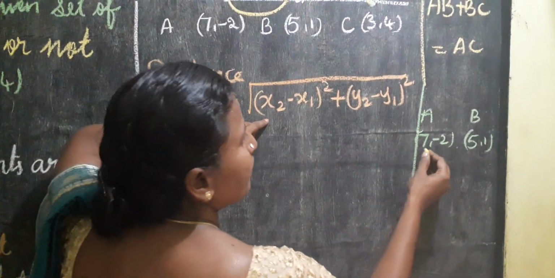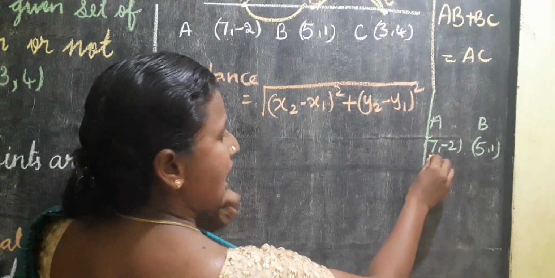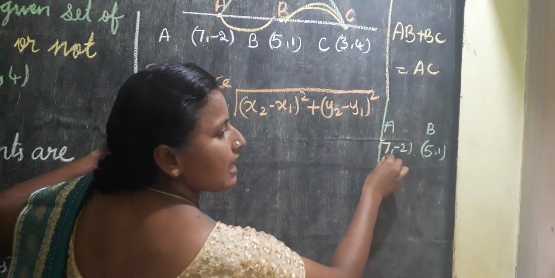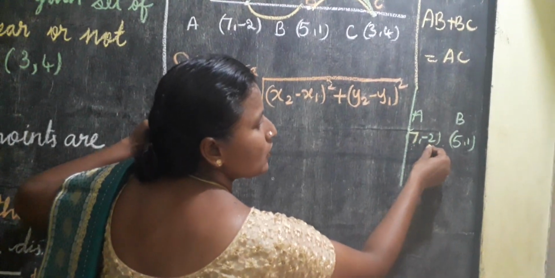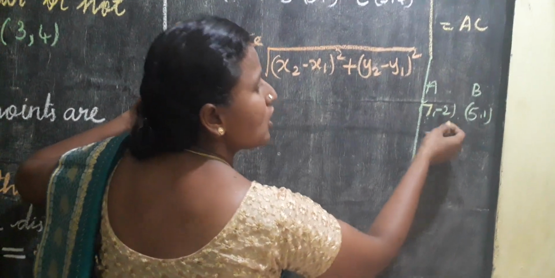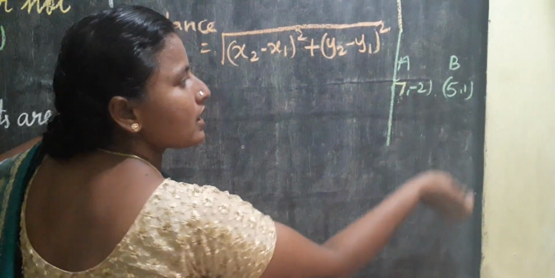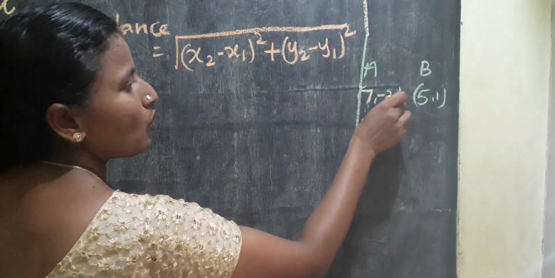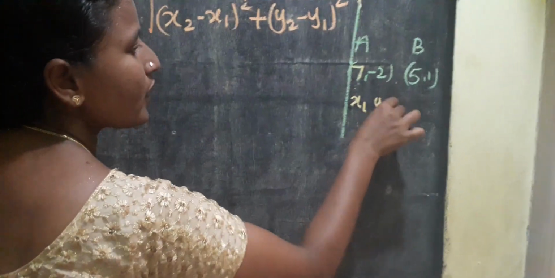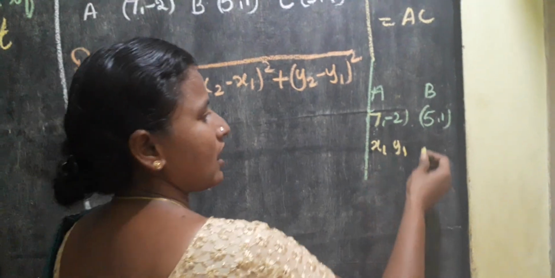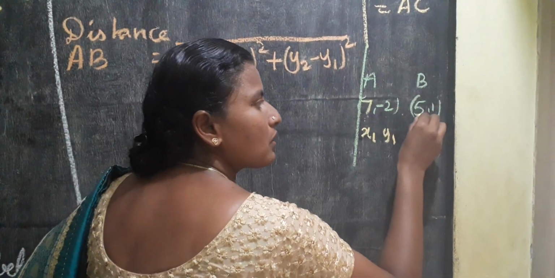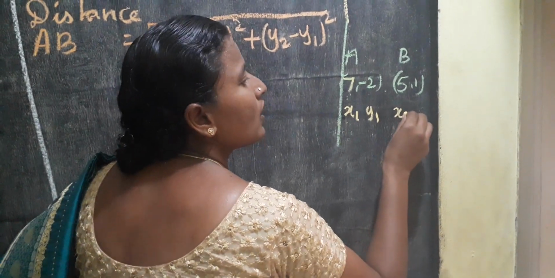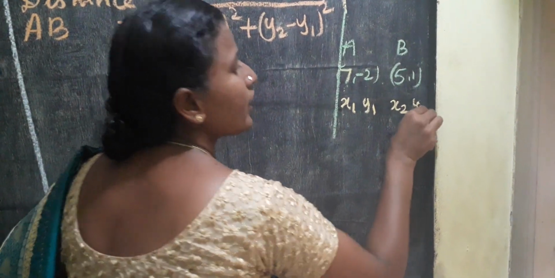Now we have to name the points' values. As I taught you in the previous class, the first value always denotes the x coordinate and the second value denotes the y coordinate. So this 7 is the x coordinate, we name it x1, and the y coordinate value we name y1. Likewise, for 5 we give x2, y2.